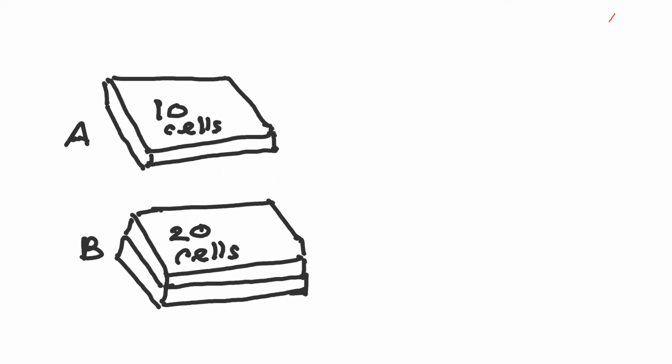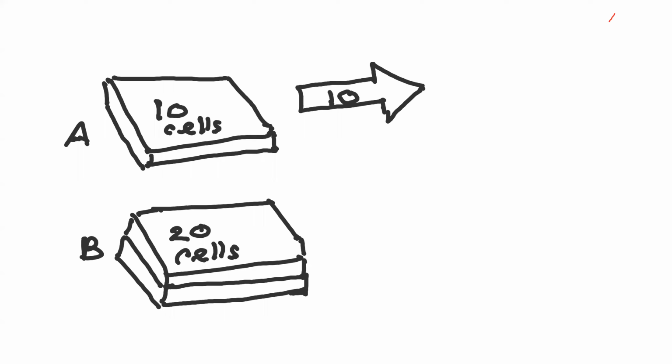Let's think, if there is a magnet force built by these cells, then the magnet force created by A and the magnet force created by B. Say A has a magnet force of 10.